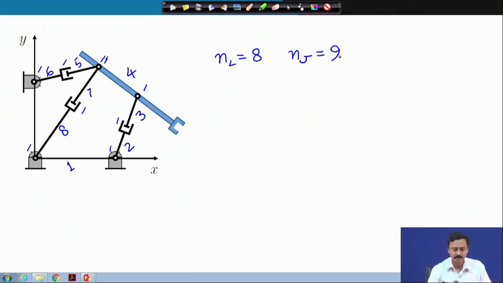Number of joints is 9, and summation of degree of freedom of each joint, as you can see, these are all R or P pairs, they have all 1 degree of freedom. Therefore, the summation of degree of freedom is also 9.